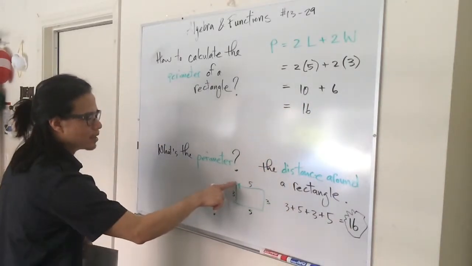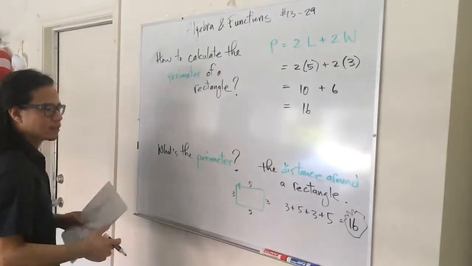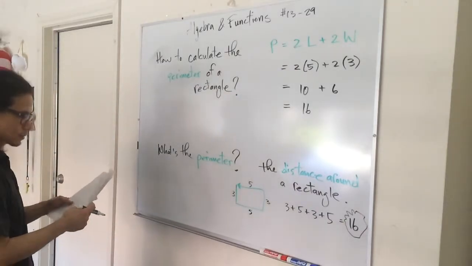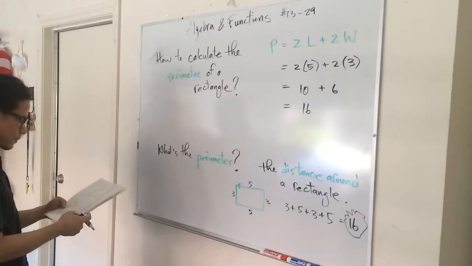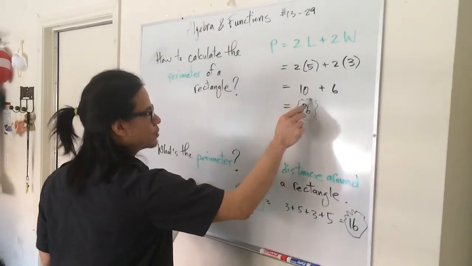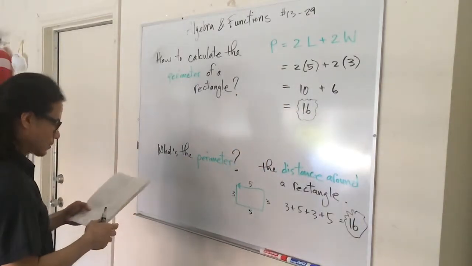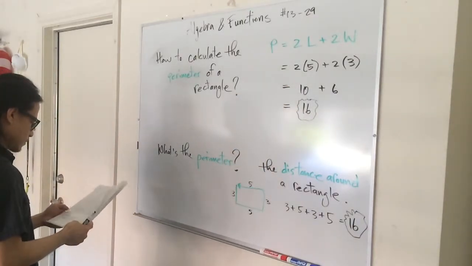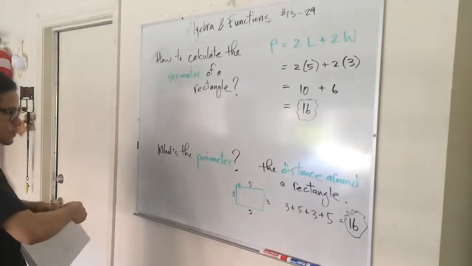So that again is the distance around the rectangle. It's called the perimeter. Okay? So if you prefer to use the formula, that's an option.